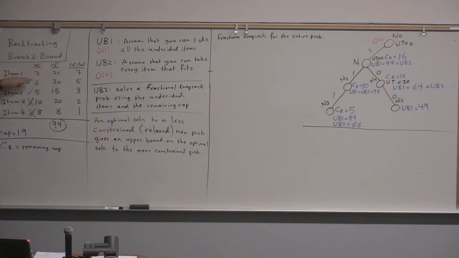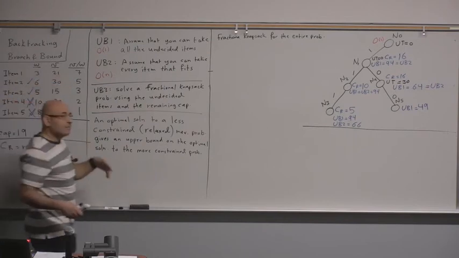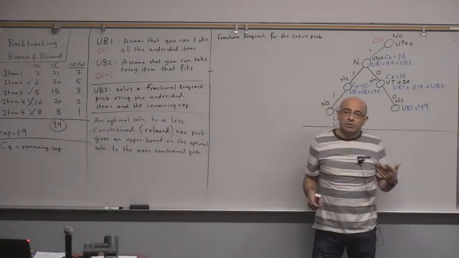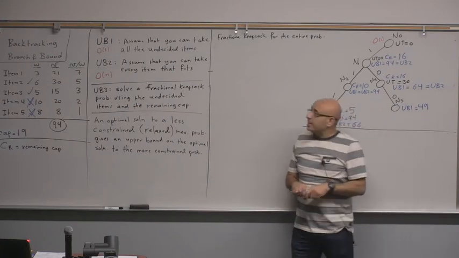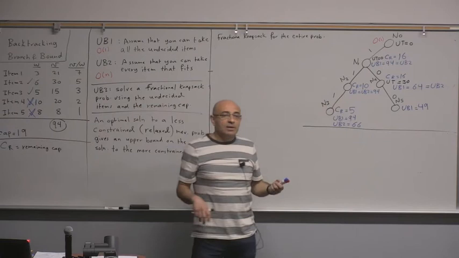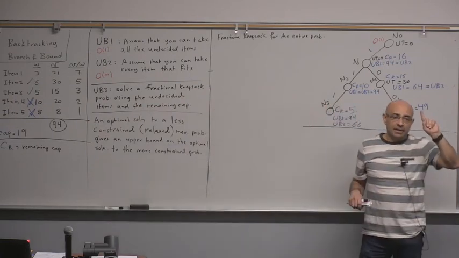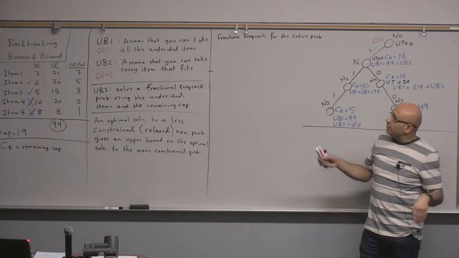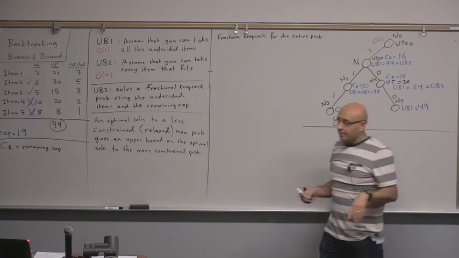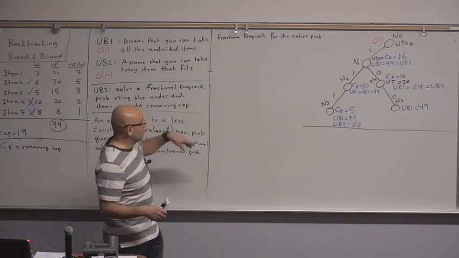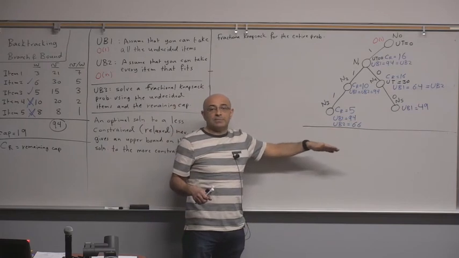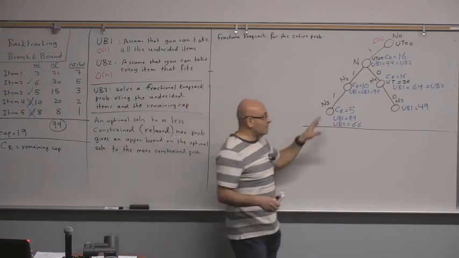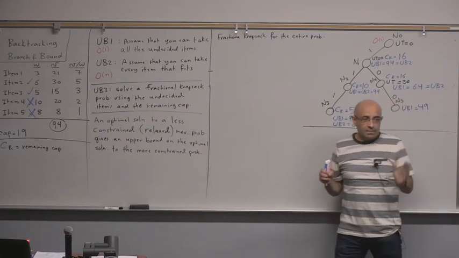So item 1 is the most valuable item, then item 2, then item 3. If they weren't sorted, you would have to sort them in order to be able to apply the fractional knapsack to them, so that you don't have to sort them each time. So you sort them only once in the beginning, and then you don't have to sort them at each node. It would be terribly inefficient to sort the items at each node in the tree. So you will be sorting them an exponential number of times. So there's no point in doing that. We sort them only once in the beginning.